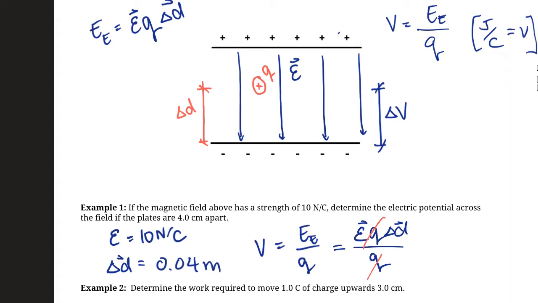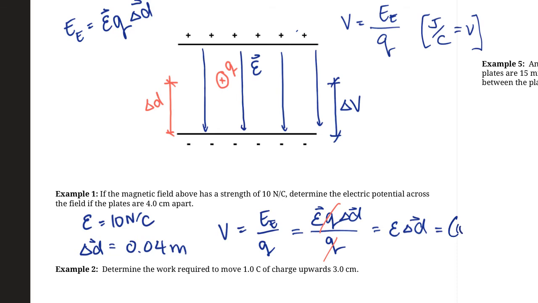Because exactly as I said earlier, it doesn't actually matter what the charge is, because the electric potential difference is just telling us how strong the field is at a specific point, not dependent on the amount of charge there. So all you need to do is take the field strength times the distance between them. 10 newtons per coulomb times 0.04 meters gives us a value of 0.4.